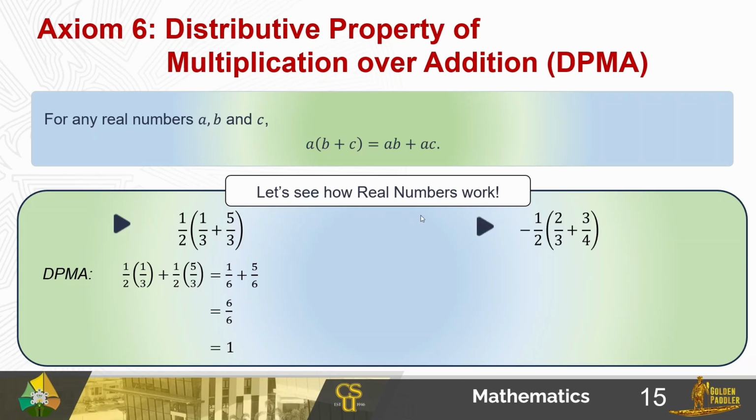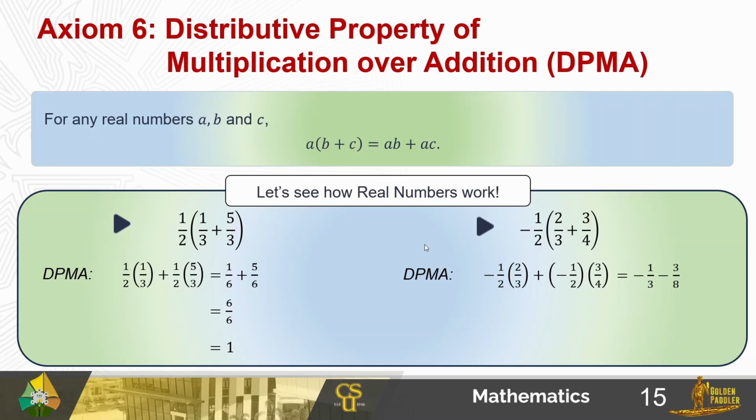And for negative 1/2 times 2/3 plus 3/4, it will give us negative 1/2 times 2/3 plus a negative 1/2 times 3/4. Negative 1/2 times 2/3 is negative 1/3 because negative 1/2 times 2/3 is actually 2/6. 2/6 in lowest form is 1/3. And for negative 1/2 times 3/4, that is 3/8. Now, since you have different denominators, 3 and 8, what we're gonna do is we get first the LCD.